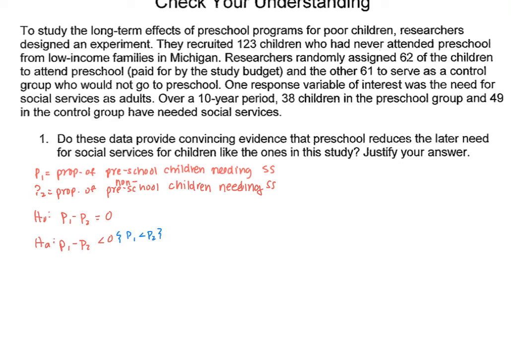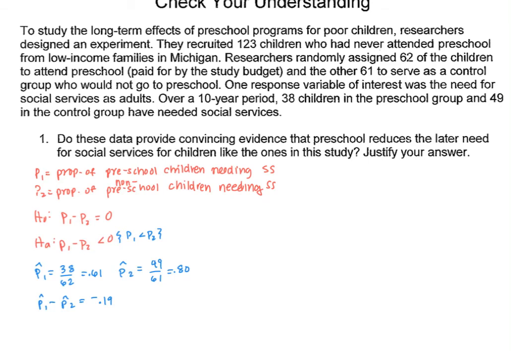Let's state everything else we have. P hat 1 is going to be 38 out of 62, which is 0.61. And P hat 2 is 49 out of 61, which is 0.80. And we can go ahead and get the difference. P hat 1 minus P hat 2 is going to be negative 0.19.